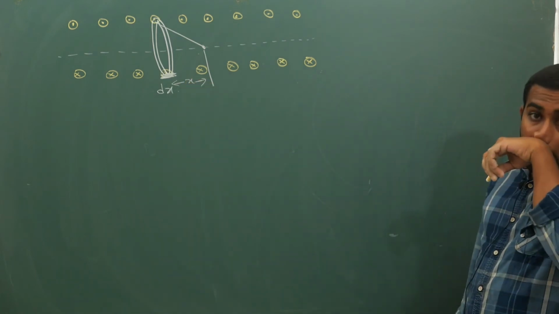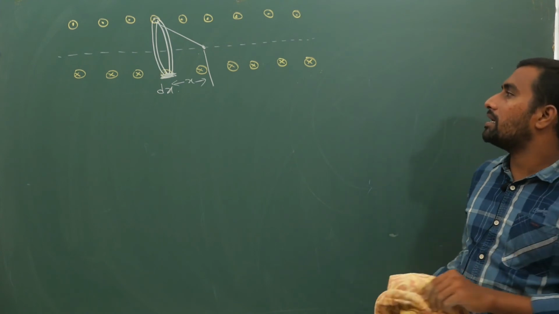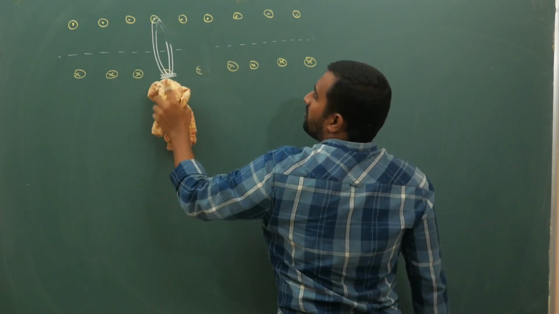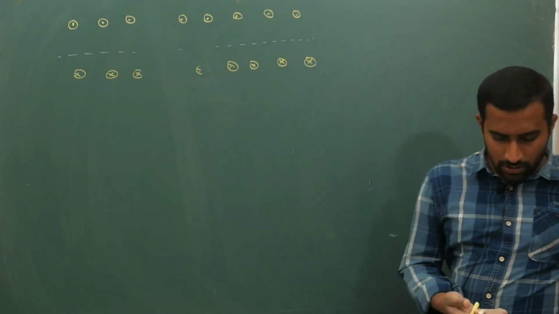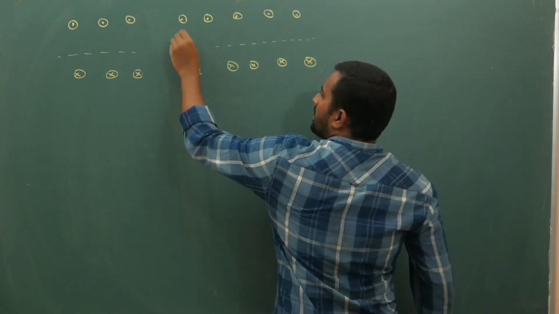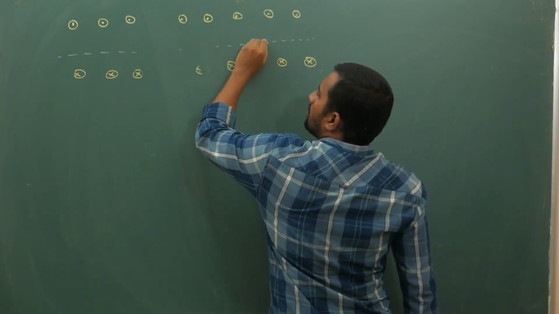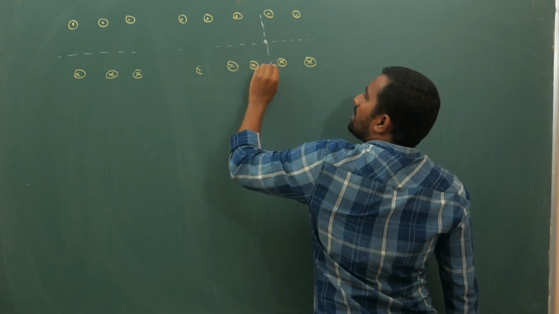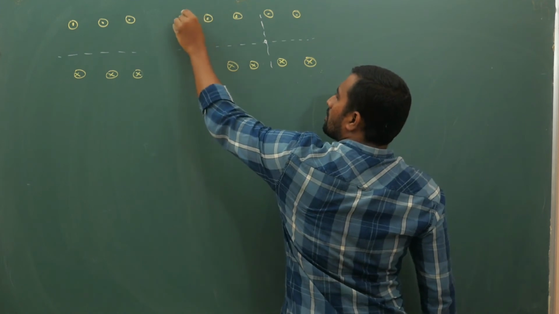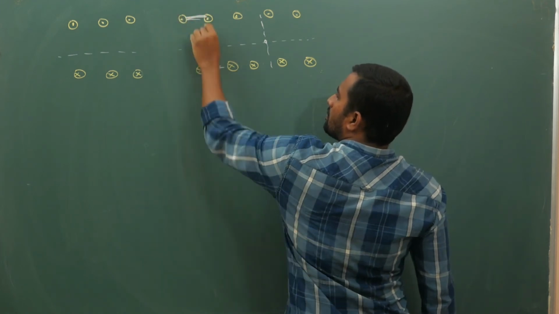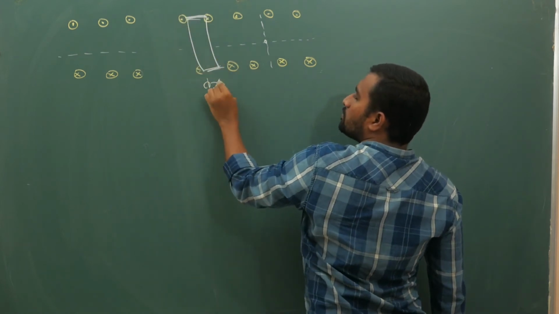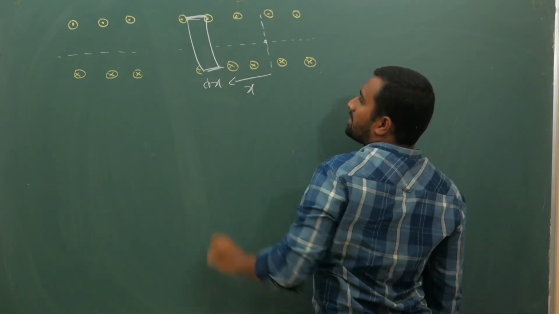If you are not comfortable, I will extend this and take the point somewhere a little far away so that you will feel comfortable. I hope you have understood what I am trying to do. Let us say I am taking a small part here. This is in the shape of a ring, you have zoomed it, let us say this distance is x.